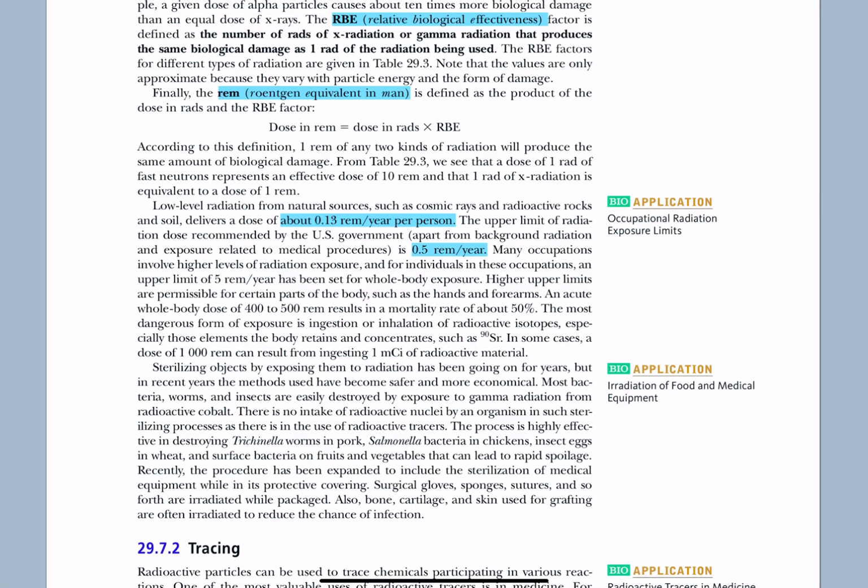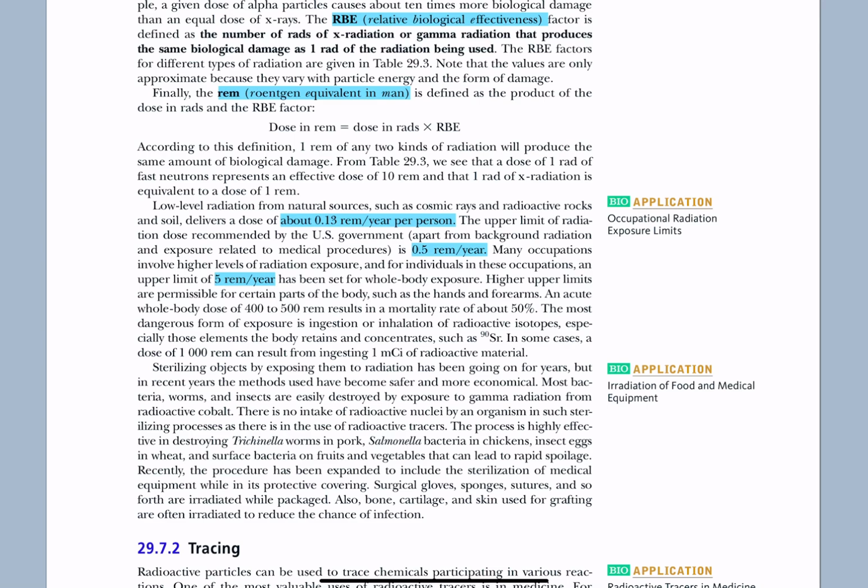Now, if you multiply that number by a factor of 10, you see a limit that the government has established for the amount of radiation a person is allowed to receive for those individuals who might be working in nuclear medicine or in the nuclear field.